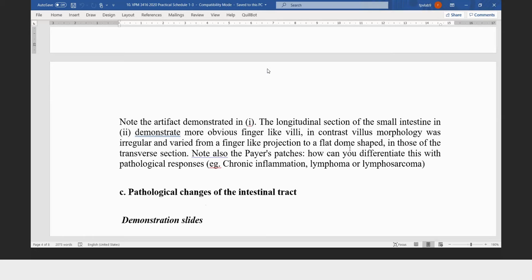The role of these patches is so important, particularly during infection, because Peyer's patches function as a defense mechanism against infection.